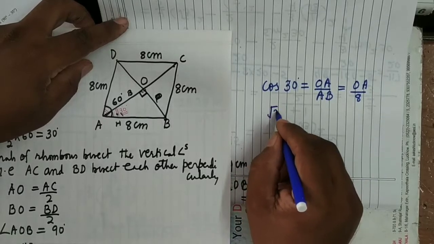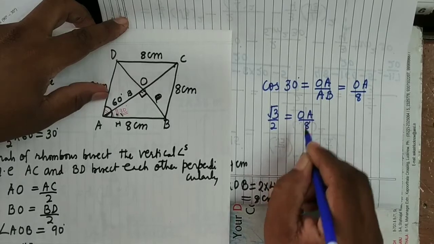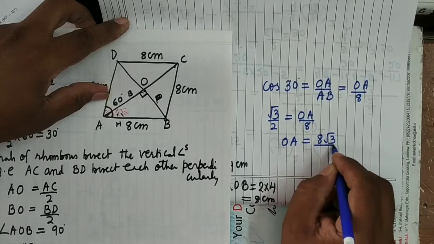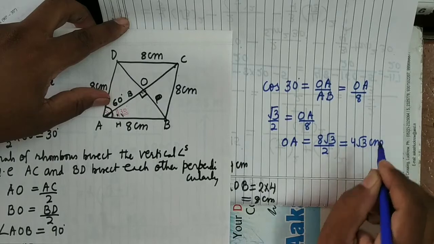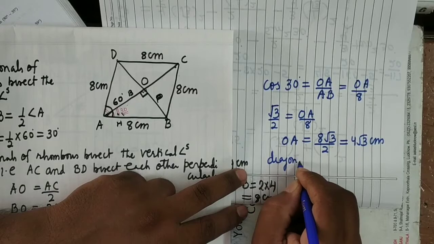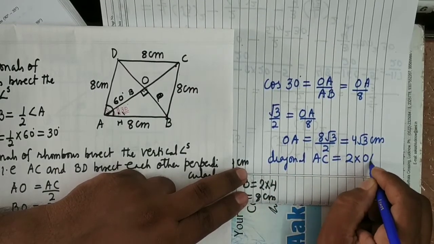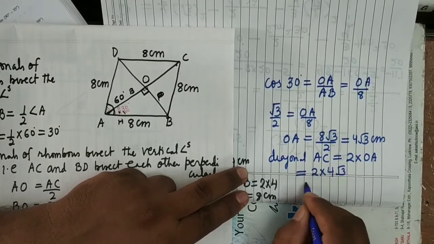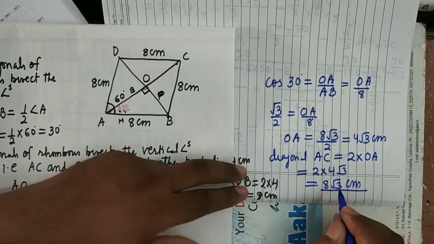Now cos 30 degree is root 3 upon 2. So OA upon 8. So what is OA? 8 root 3 upon 2 equals to 4 root 3 centimeter. Therefore diagonal AC is 2 into OA, that is 2 into 4 root 3, that is 8 root 3 centimeter.